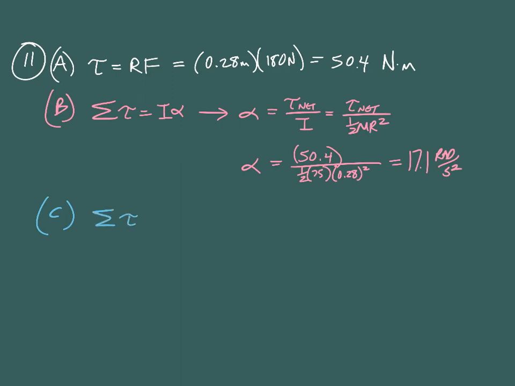This is one of the conditions of equilibrium, but it's the same thing we did before with forces. Sum of forces equals ma, but now sum of torques equals I alpha. So the sum of all the torques will be the torque we just solved for in part A, minus the torque due to friction.